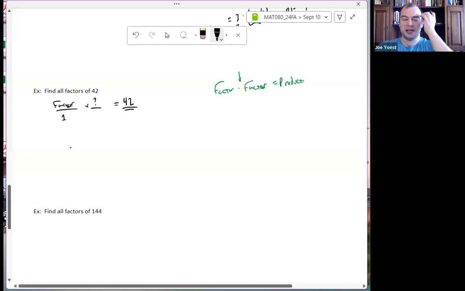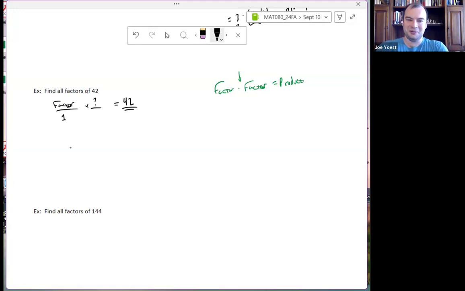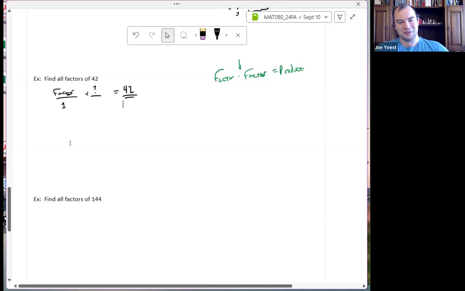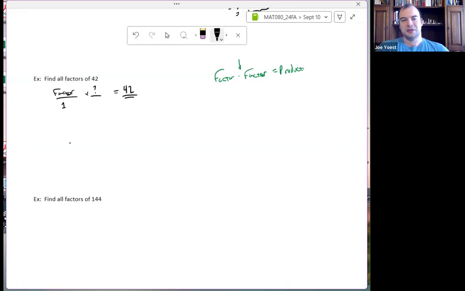I should try to be more cognizant about avoiding 4s in my problems. I seem to use the number 4 an awful lot. Or maybe that's just confirmation bias because OneNote turns my 4s into 9s, so I recognize it each time I have a 4 in there. But I do see that 1 times 42 equals 42. So 1 is indeed a factor of 42 because 1 times 42 is 42.